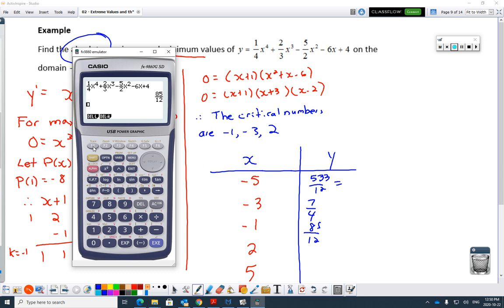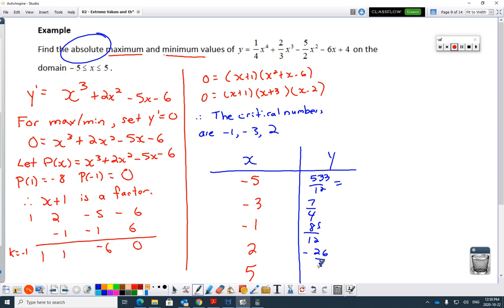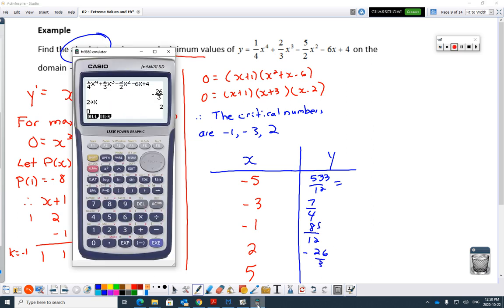Now, 2 in for x. Enter. Up to equation equals negative 26 thirds. Delete line. Yes. 5 in for x. Enter. Up here. 1813 over 12.